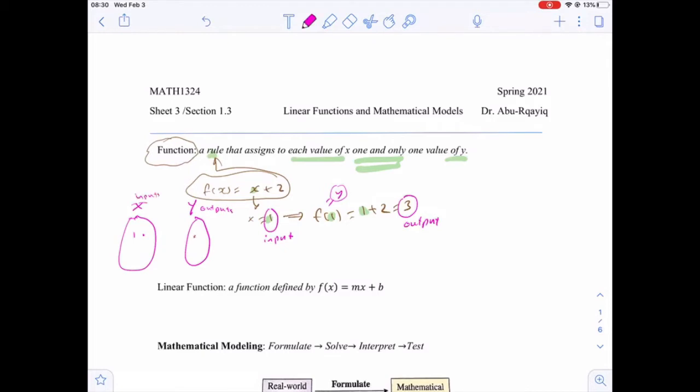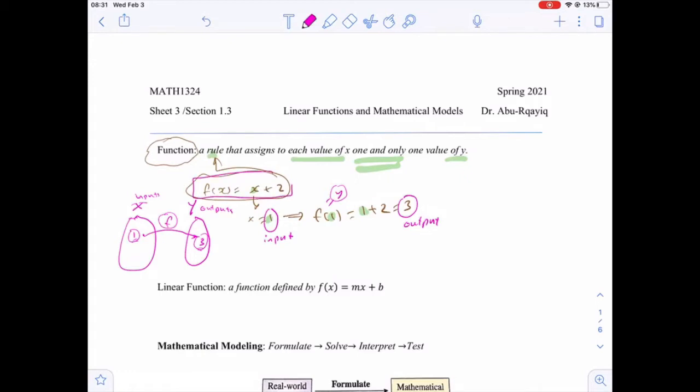So 1 is related to 3. The image of 1 is 3 under the function f. If we plug x equals 1 into the function f, we get 3.